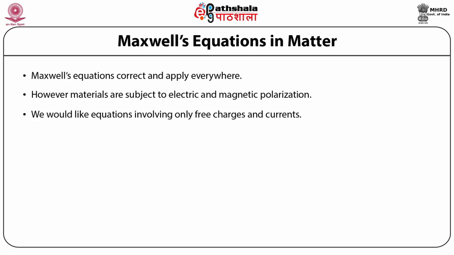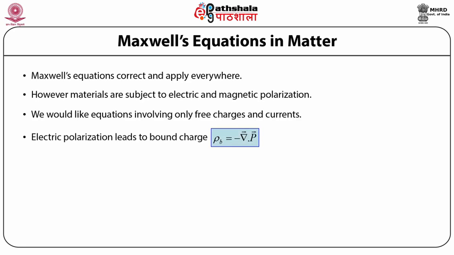However, electric polarization leads to bound charges, where rho subscript B, the bound charge density, is equal to minus divergence of the polarization vector P, where the vector P is the electric polarization vector. Similarly, the magnetization also leads to bound current, where the bound current density vector J subscript B is equal to the curl of the magnetization vector M.